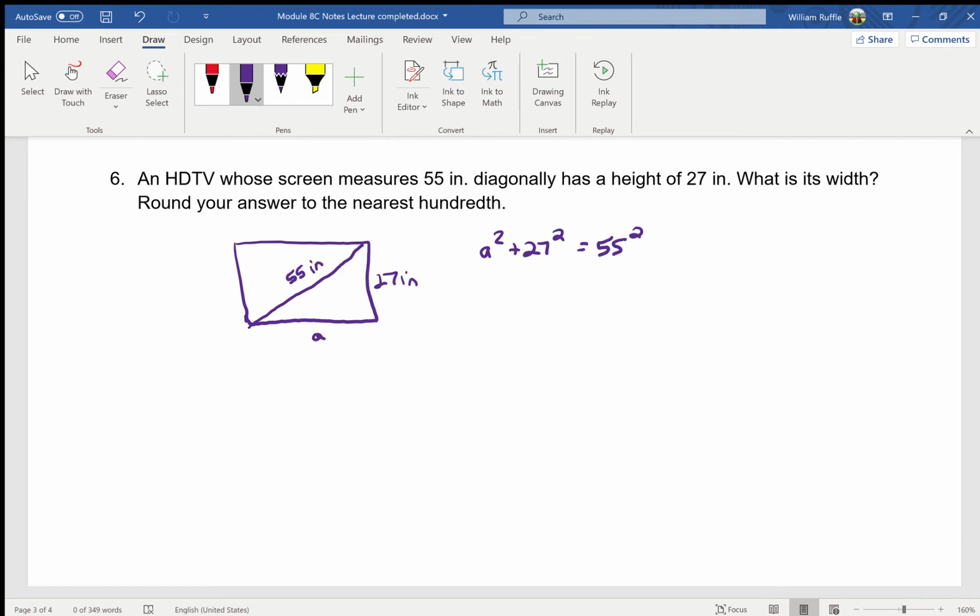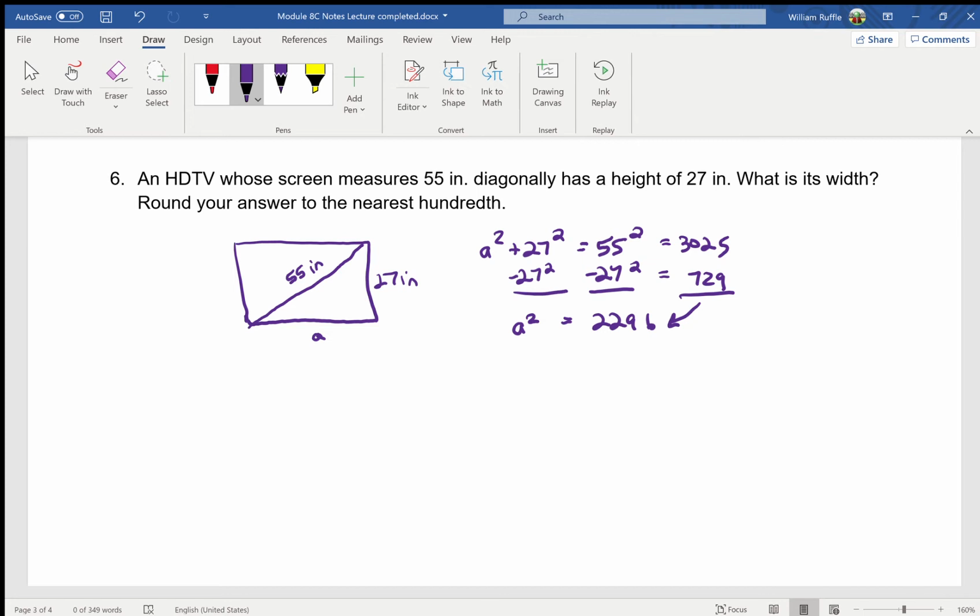So to solve for A squared, I'm going to subtract 27 squared from each side. Now I can just literally type this 55 squared minus 27 squared into my calculator and get 2296 equals A squared. If I work it out, I get 3025, I get 729, and if I subtract, I should get the same answer.